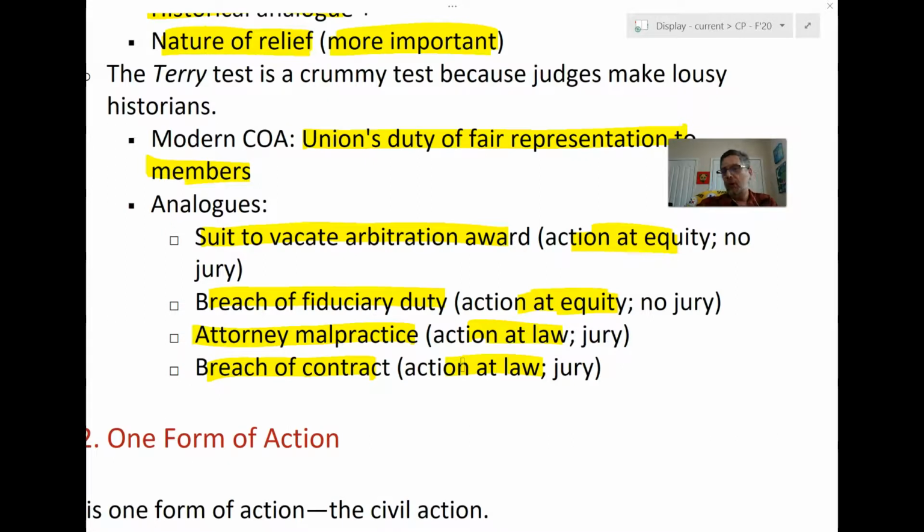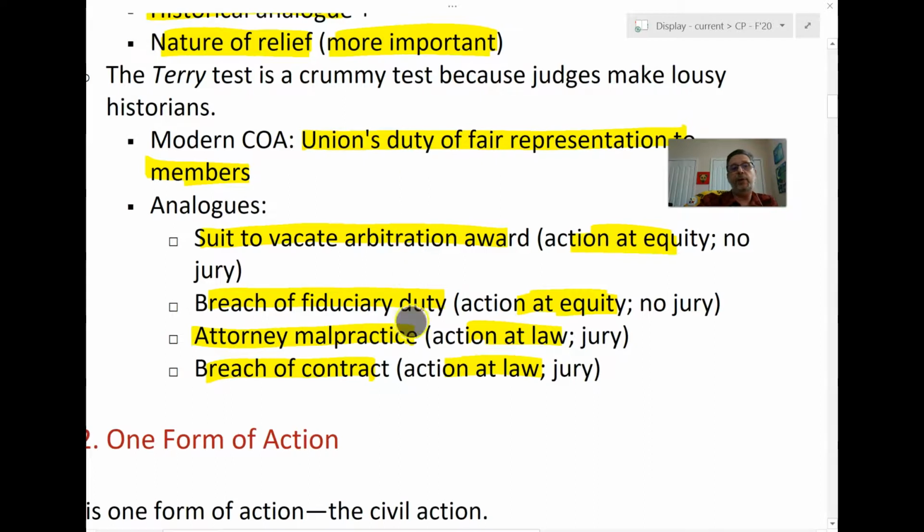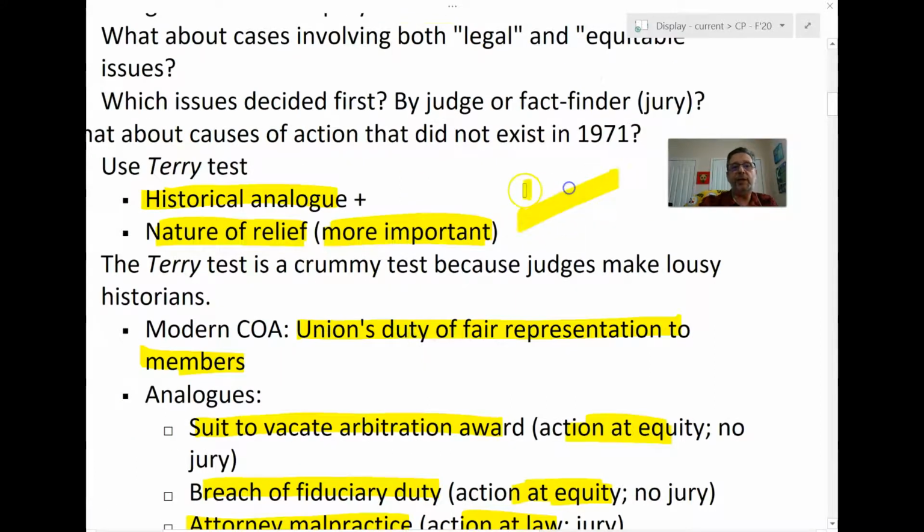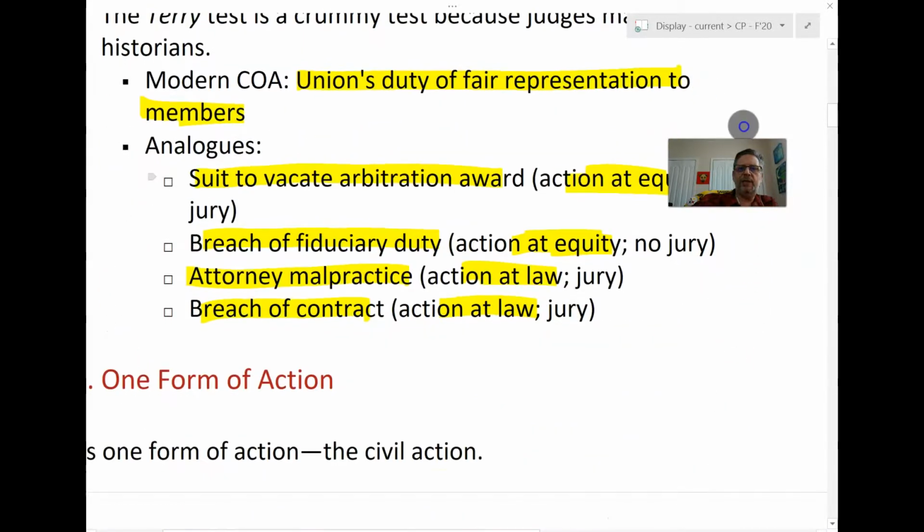So one of the justices, I believe it was Justice Brennan, made a very good argument that we should just look to the nature of the relief. Seeking money, jury. Not seeking money, no jury. Make a nice, easy test. There's a lot to be said for, I'm very sure it's Justice Brennan's argument here. The court has not accepted it. So, you can send me the thank you note later. We're not going to read the Terry case. It's a hot mess.